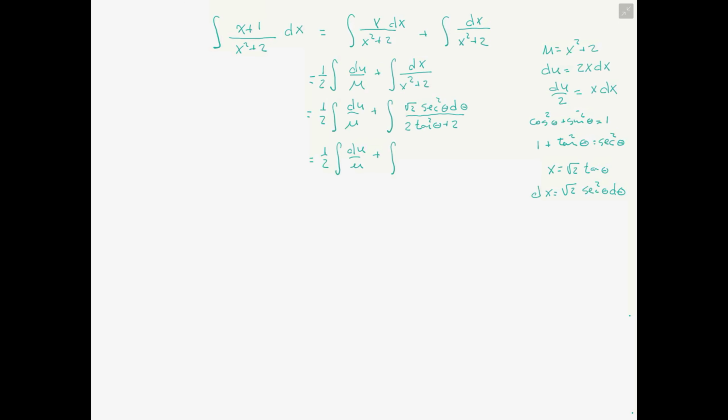And we can bring that square root of 2 over 2 out. And we recognize that tangent squared plus 1 is secant squared.